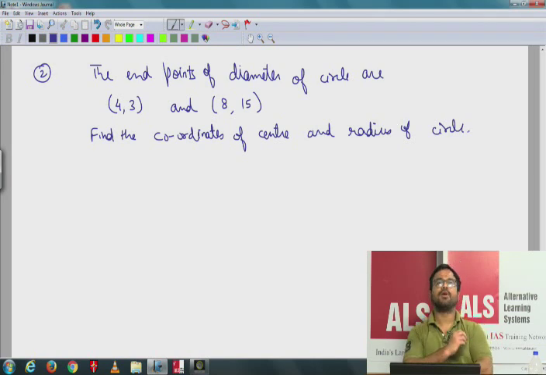So the end points of the diameter of the circle are given. You have to find the coordinate of the center and then you have to find the radius of the circle.